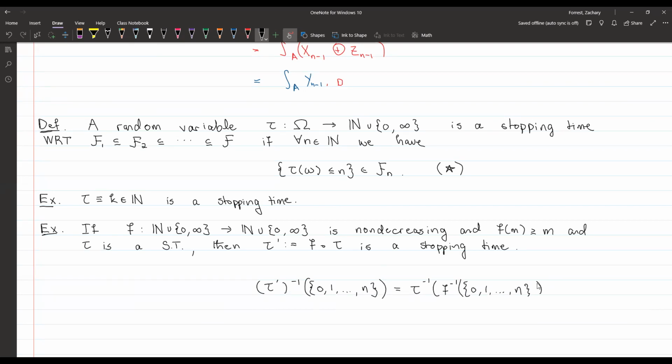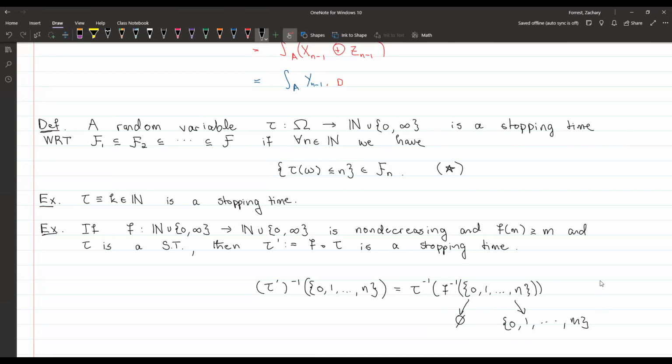And if you pay attention to how f works, the preimage of f on the set is only going to turn out one of two ways. Either it's going to be empty, or it's going to basically look like an interval, not really an interval since we're talking about natural numbers, but like an interval of natural numbers decreasing down. So it'll either be empty, in which case it's obvious, or it's going to be something like 0, 1, all the way up to some number m.